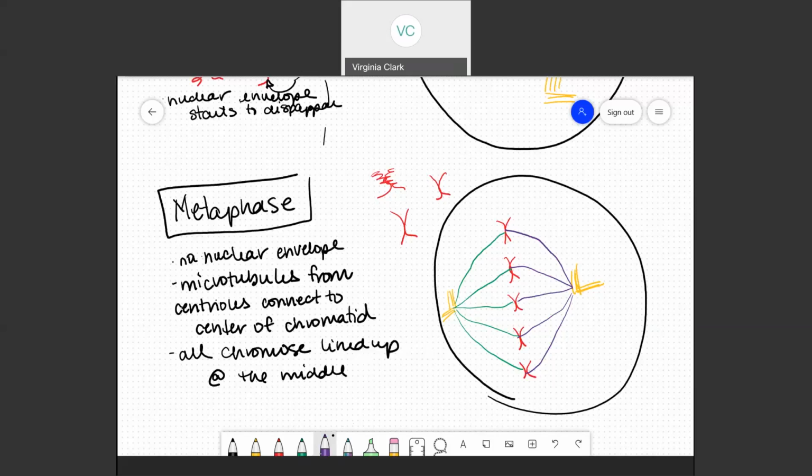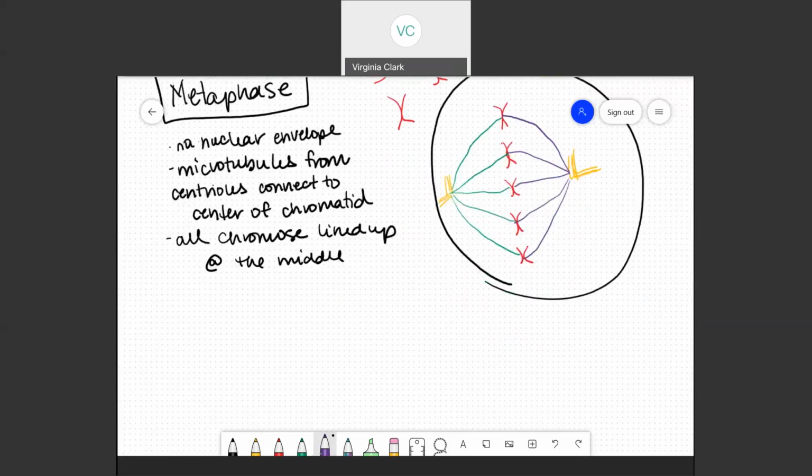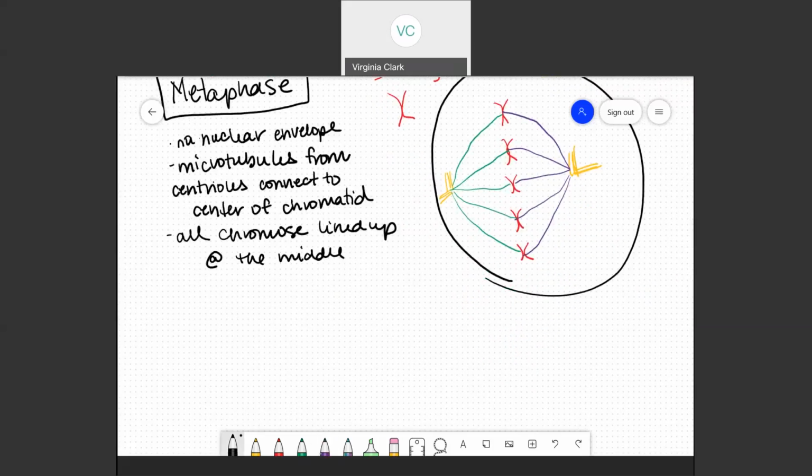And what's essentially going to happen is you're going to start pulling. The moment that you start pulling, that these microtubules, these guys right here, are going to start pulling, you enter the next phase called anaphase.